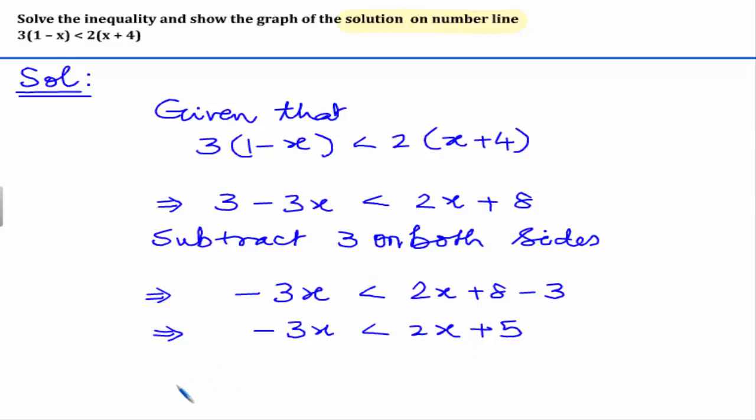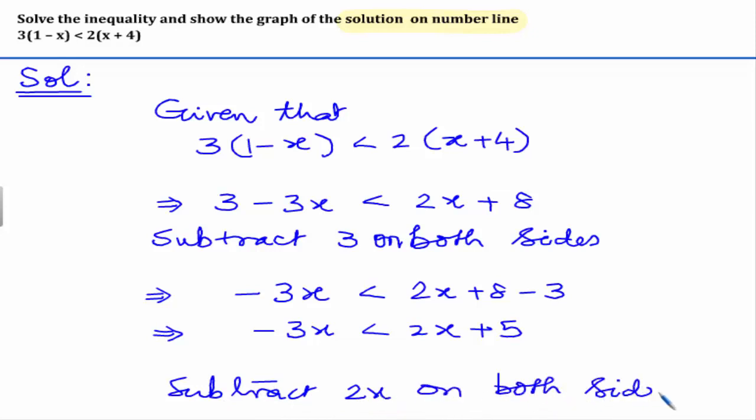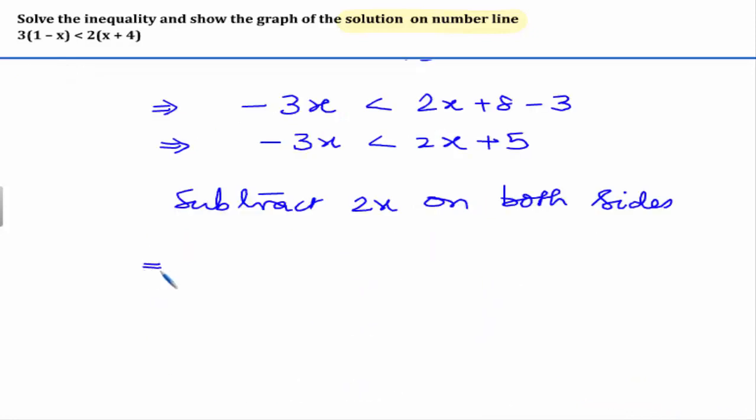So what we need to do here, let us subtract 2x on both sides. Here we get minus 3x minus 2x less than 5. So this will give us minus 5x less than 5.